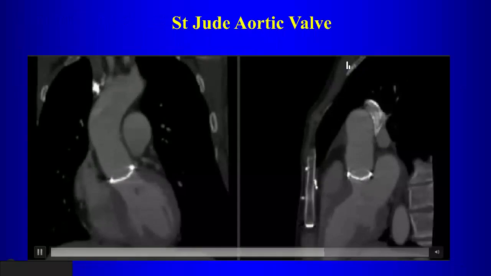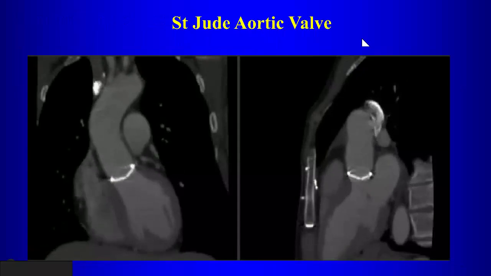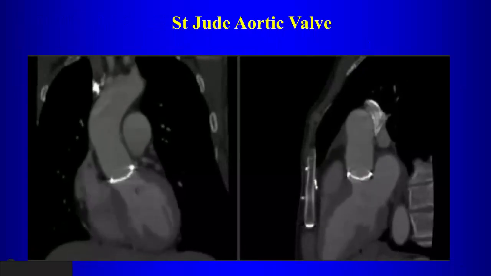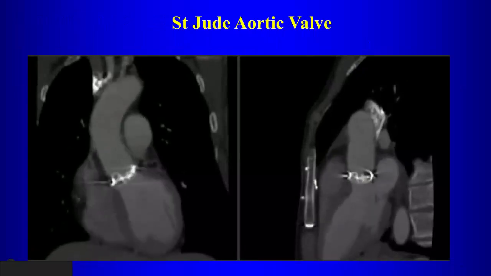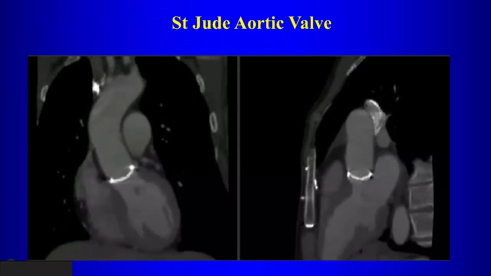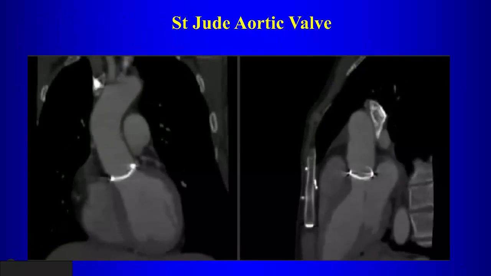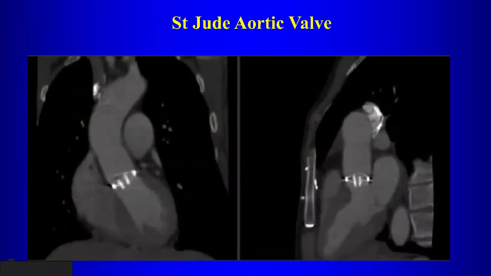Now, you would think that if you had to evaluate these valves, of course, the preferred method for evaluating any valve is echocardiography, but you would think that if we had to evaluate these valves with imaging, you probably wouldn't pick CT, right? Because, what? Metal artifact. Turns out CT's great for evaluating cardiac valves.